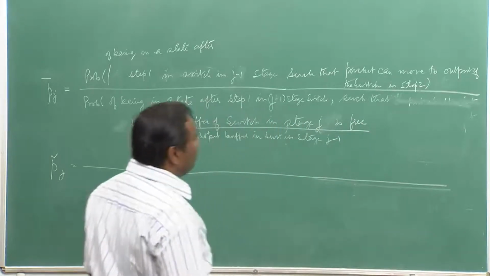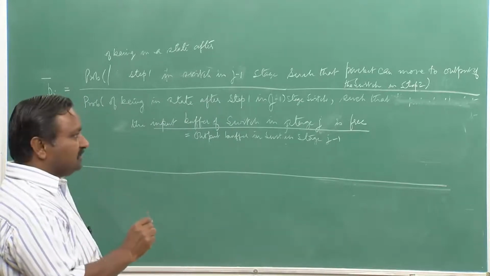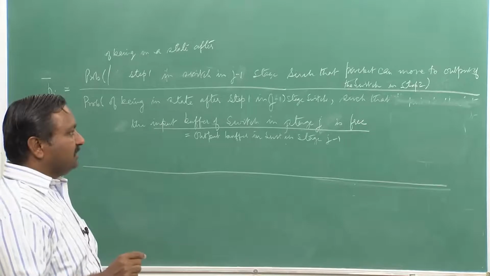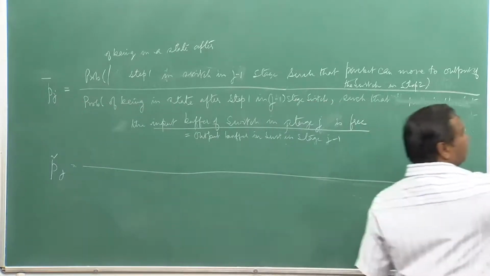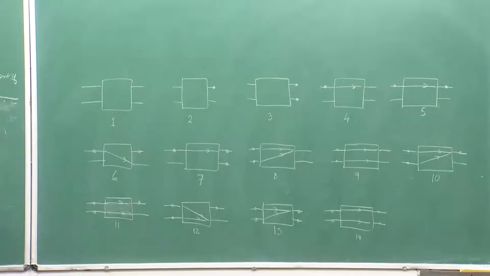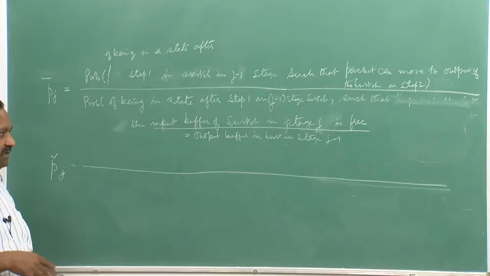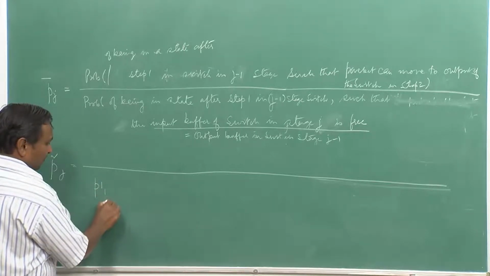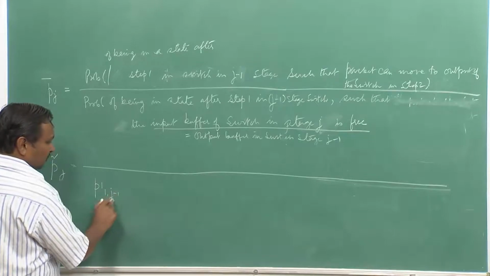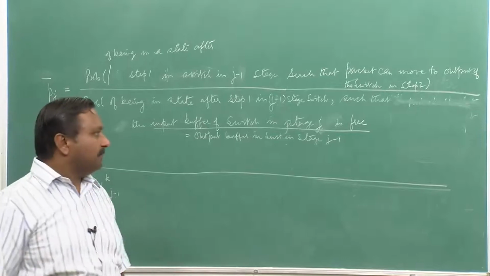So let us look at those and then write down the expressions. Remember, I am looking at the j minus first stage switch; outputs have to be free. So when you look at state 1, both the outputs are free. So with equal probability both or any one of them can be connected to my switch in stage j. So I can write down here P1, you have to be in state 1 in j minus 1, after time step k.